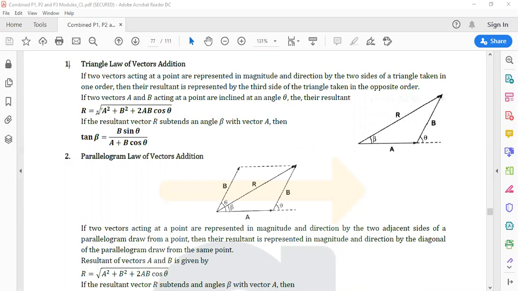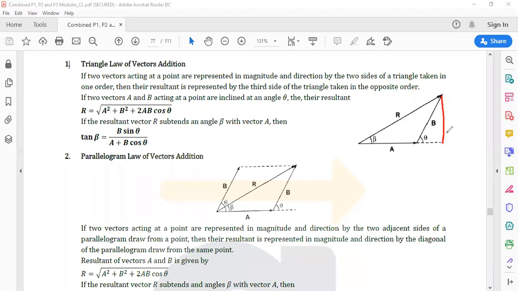R is equal to the square root of A square plus B square plus 2AB cos theta, where A and B are the magnitudes of vector A and vector B, and theta is the angle between them. In the last class, we studied the derivation of this formula. I hope you remember.